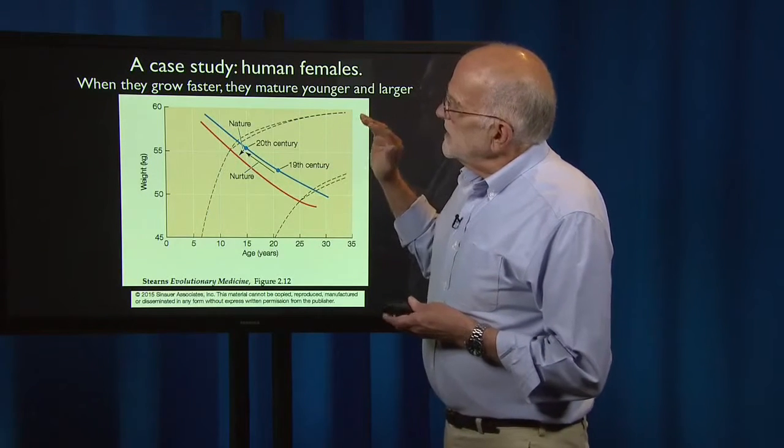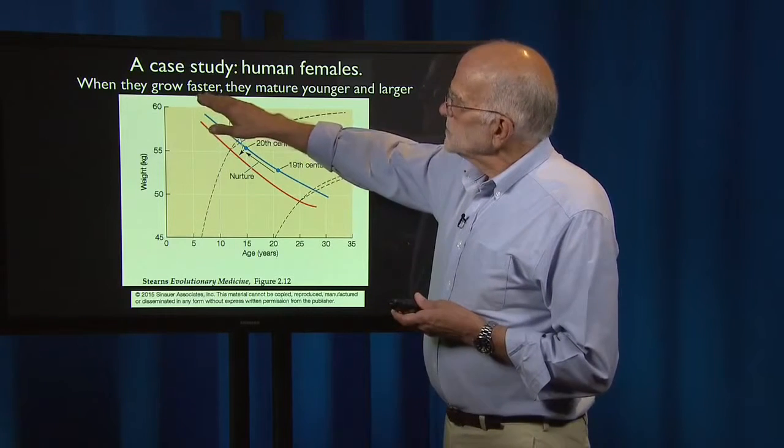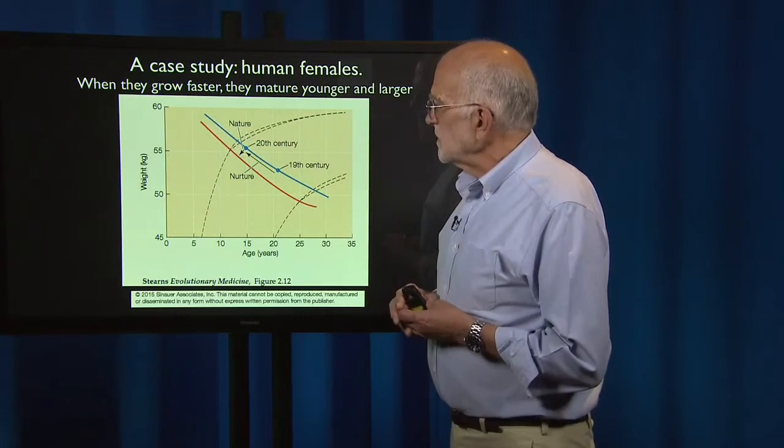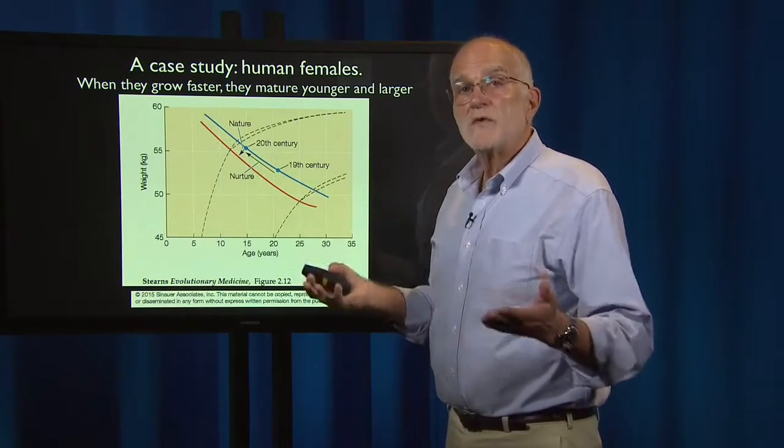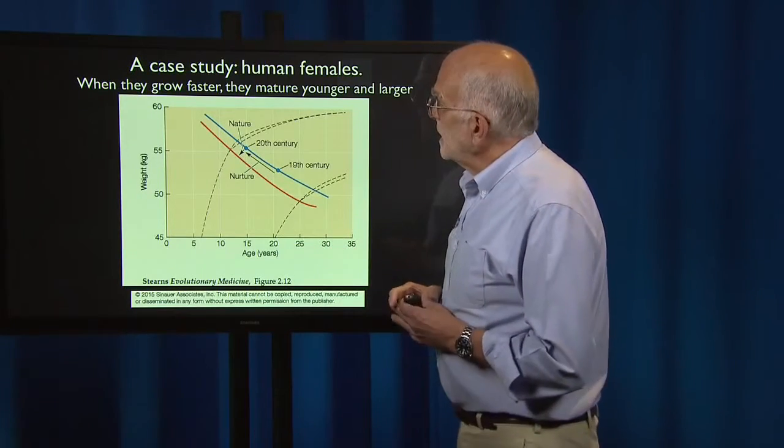Now, what that means is that when human females grow faster, they mature younger and larger. And this is quite consistent with an optimal evolved reaction norm.